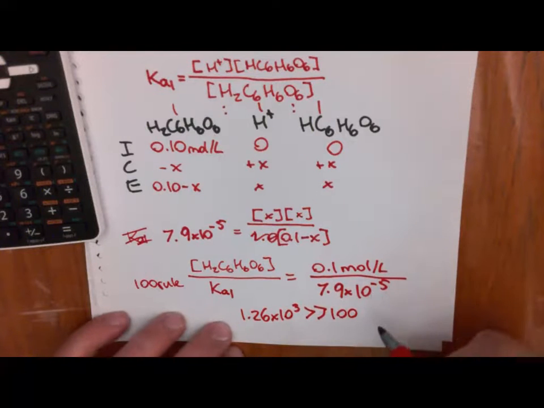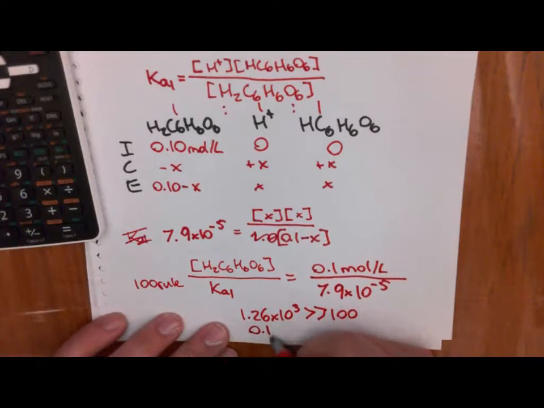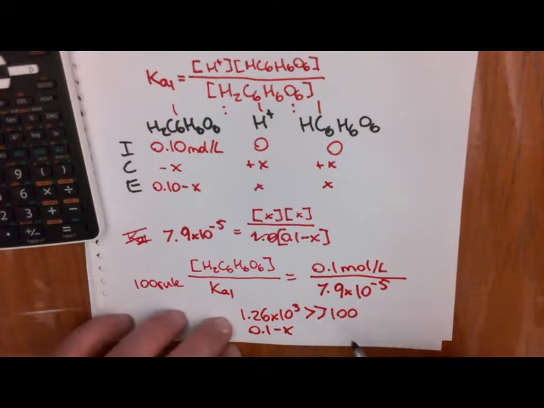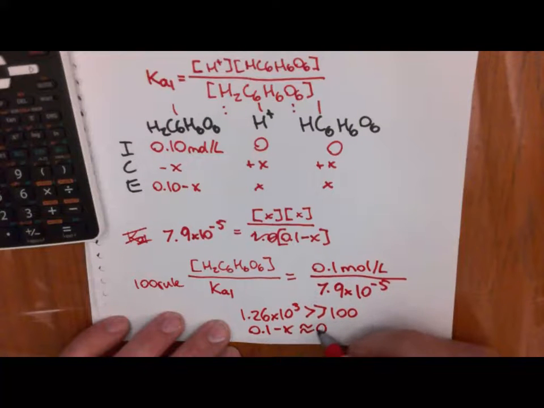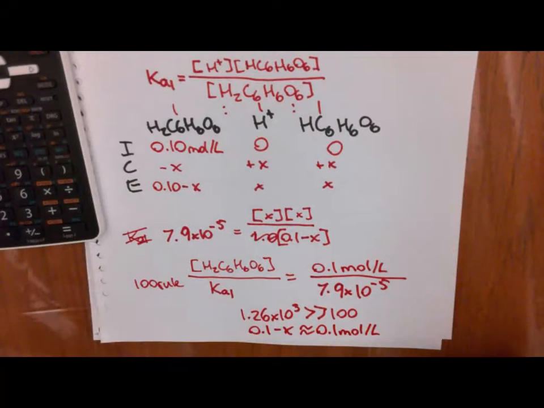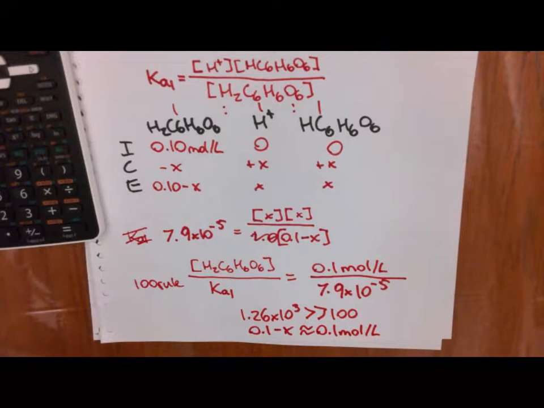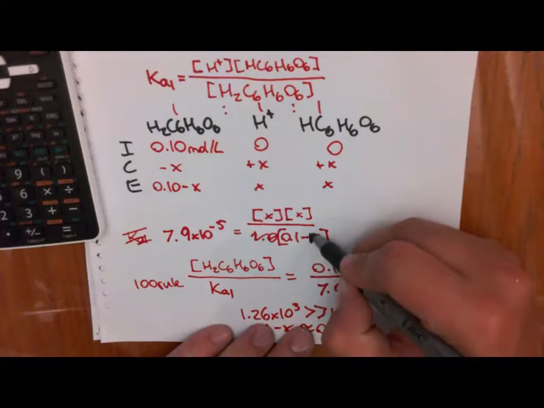So our assumption is that 0.1 minus x is still going to be approximately equal to 0.1 moles per liter. All right, and we'll check this assumption later, but for right now, we are going to use it moving forward. So we can essentially move up to our Ka1 equation and get rid of this x.